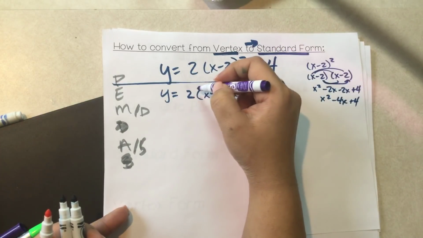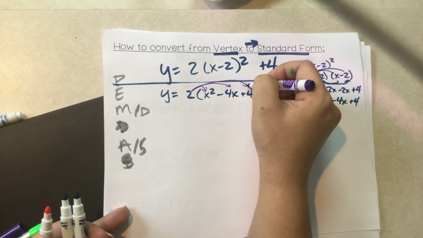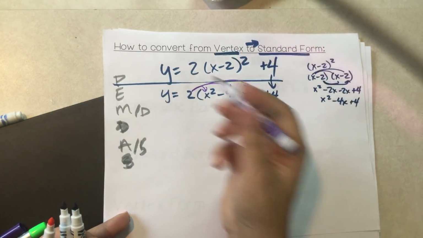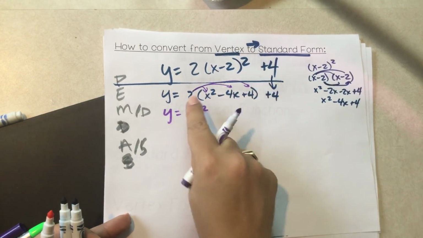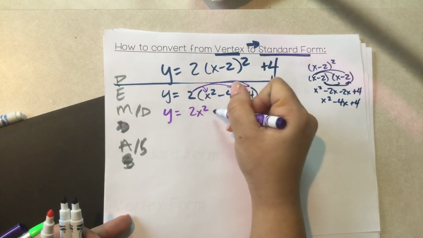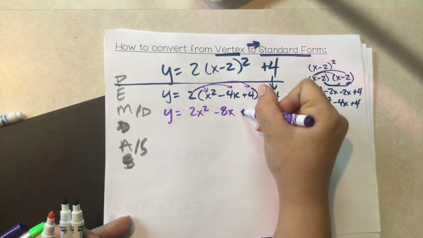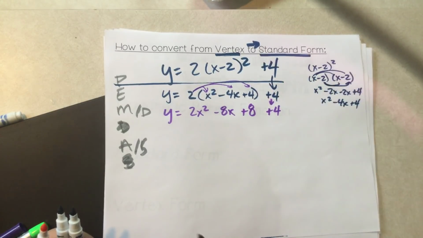We're going to distribute this out, and we have to distribute it to each and every single one. Essentially, this is our GCF that we're now factoring it back in. So we get y equals 2 times 1 is 2, 2 times negative 4 is negative 8, 2 times positive 4 is a positive 8, and then you bring down your plus 4.